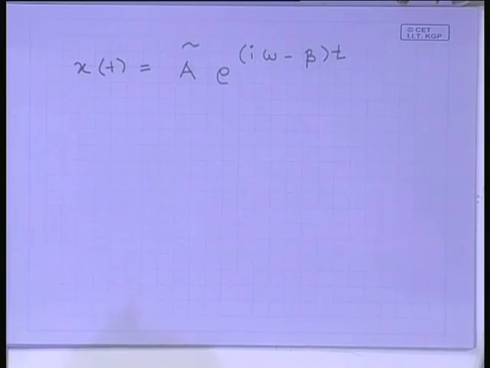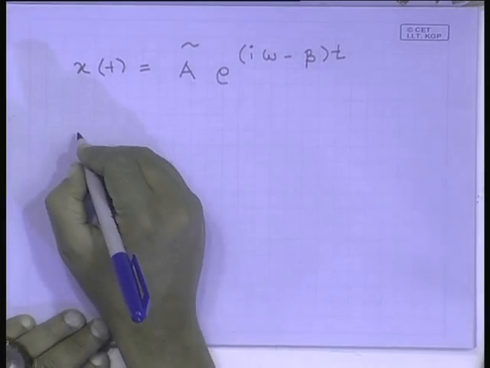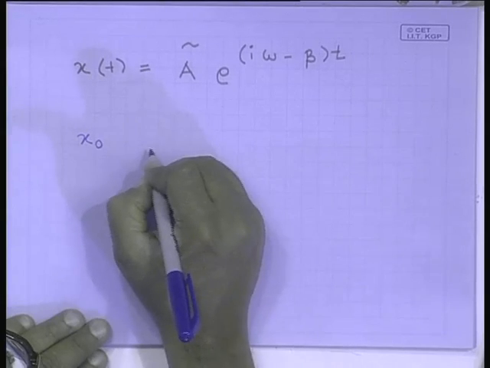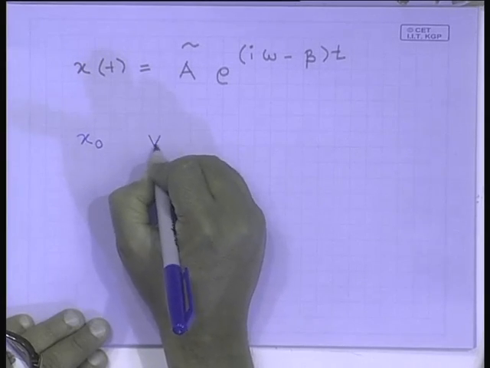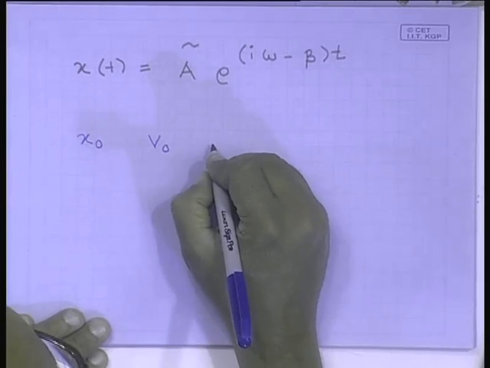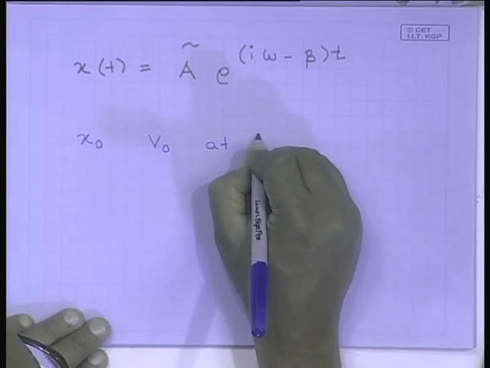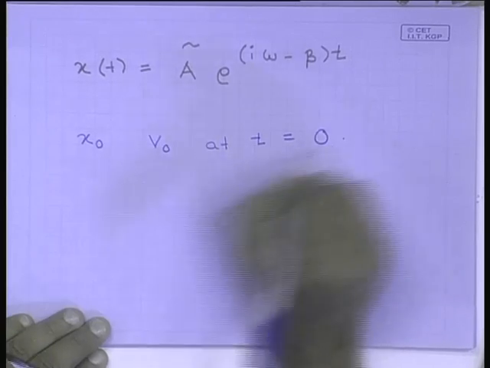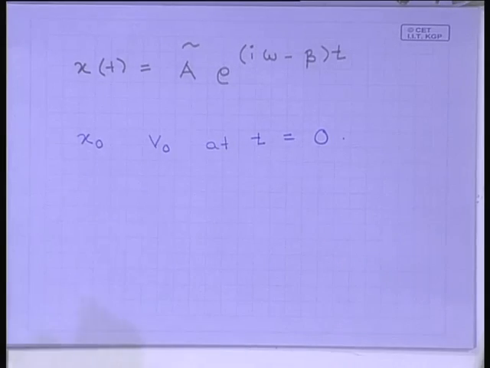You are also given the information that the oscillator has an initial position x naught and the initial velocity v naught at t equal to 0. So, you are given the initial conditions at t equal to 0.